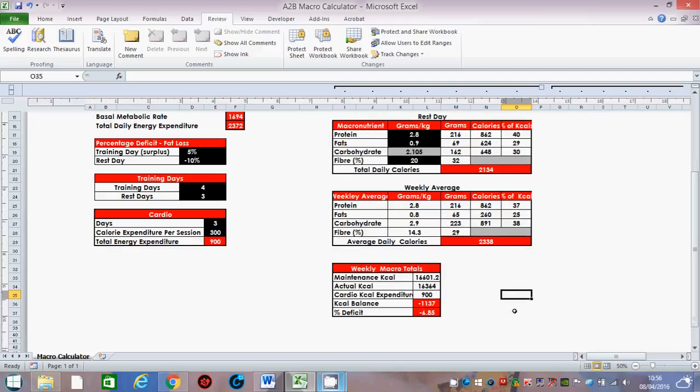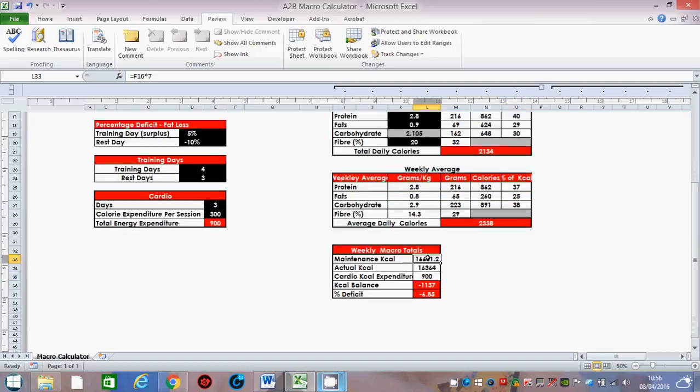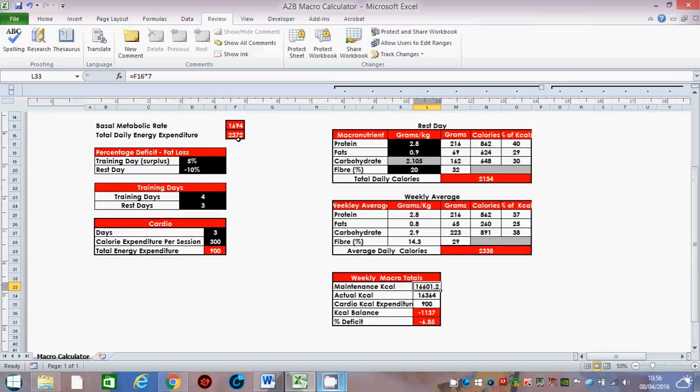And if we go down here, we can see that maintenance calories, 16,601. That was our target for 7 days based on that every day. The actual amount I've eaten was 16,364, and that's taking into account the training and the rest days. And the amount of cardio I did, I burnt an extra 900 calories through cardio.